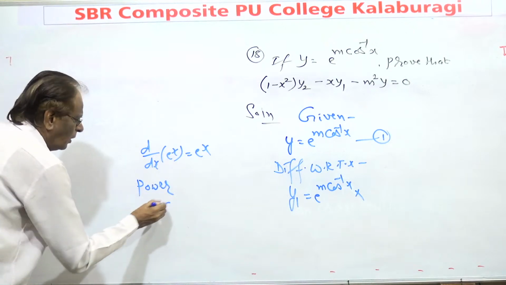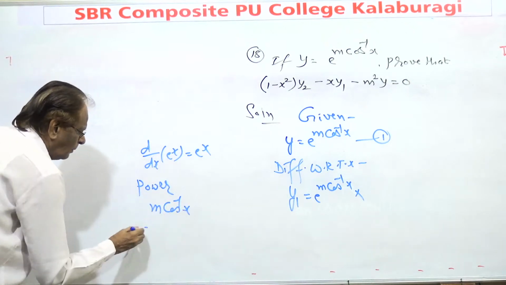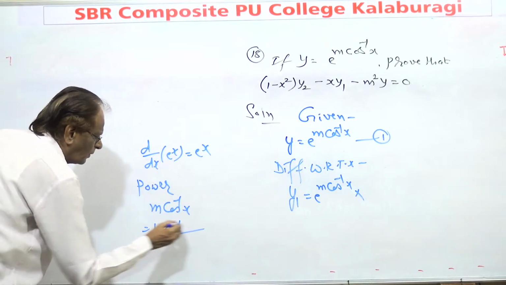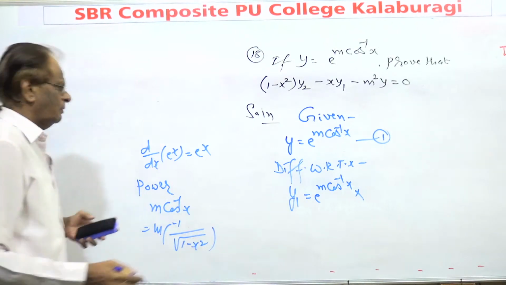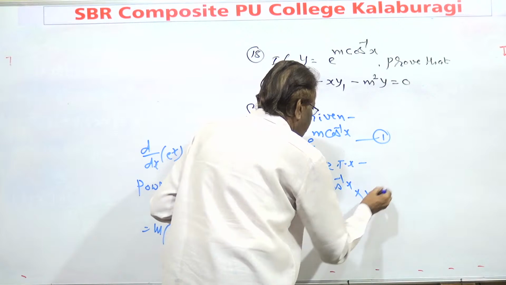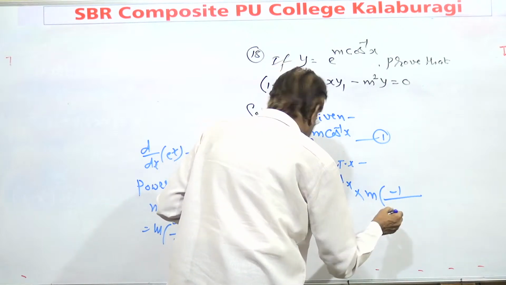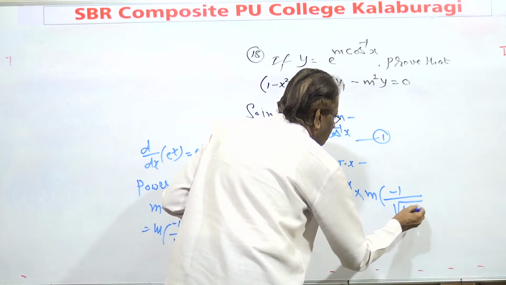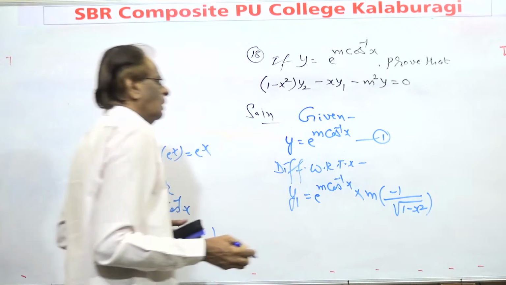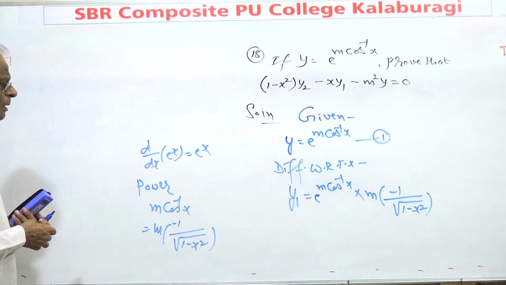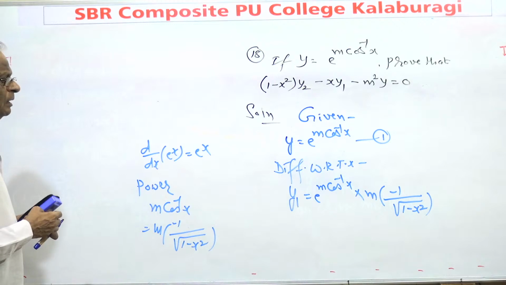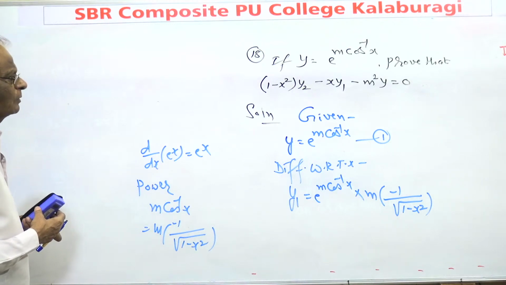Power is m cos inverse x. m constant, differentiation of cos inverse x is minus 1 by root of 1 minus x squared.